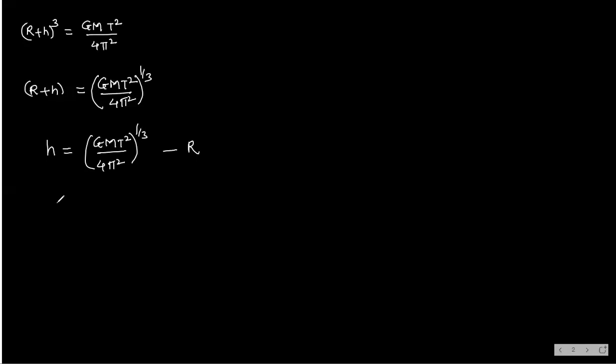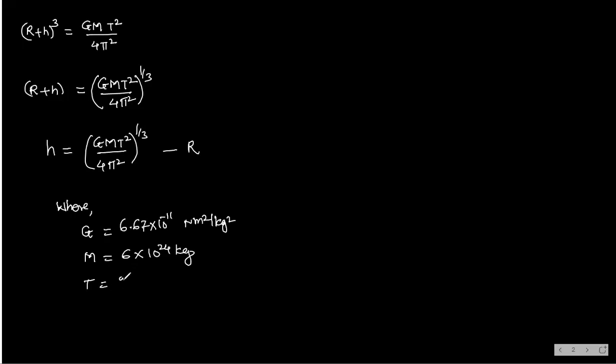So what is the G value? G is equal to 6.67 into 10 to the power minus 11 Newton meter square per kg square. That is the gravitational constant. M is the mass of Earth. You can take nearly 6 into 10 to the power 24 kg.